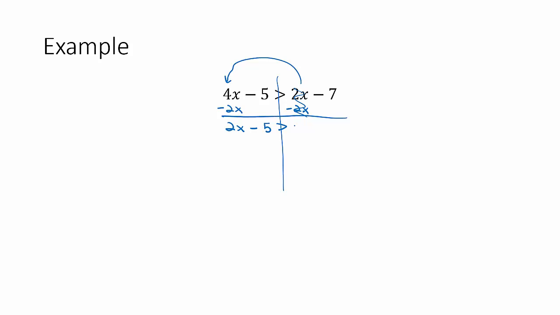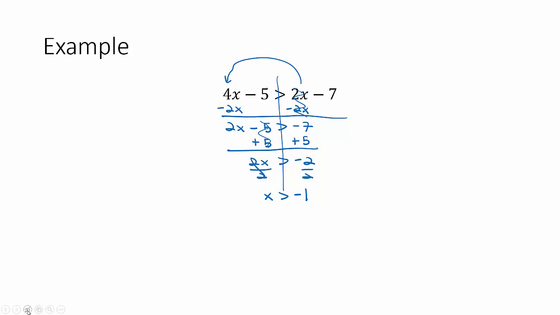Minus 5, still greater than negative 7. Get rid of the part without the variable, the minus 5. The opposite is a plus 5. And 2x is now greater than negative 2. Since that's 2 times x, we'll divide both sides by 2. And x is greater than negative 1.